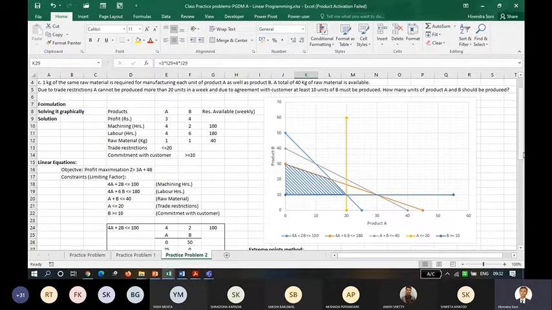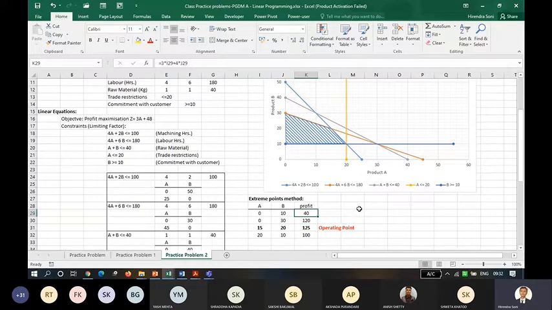So my Z is 3 times this value plus 4 times whatever I get for B. That will give me the profit. The first point was 0, 10: 0 for A and 10 for B. At that point my profit was 3 into 0 plus 4 into 10, that is 40. Are we okay up to this?